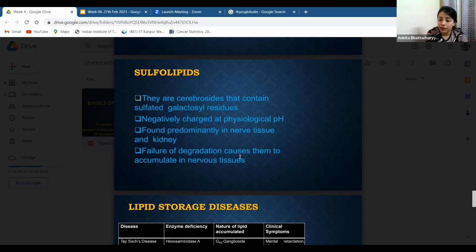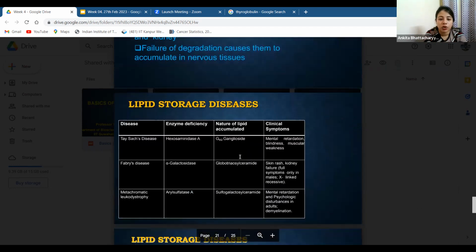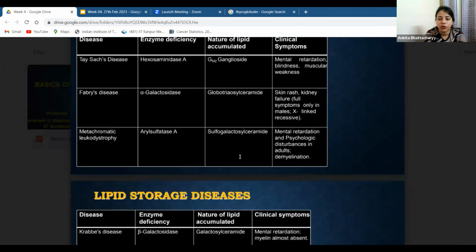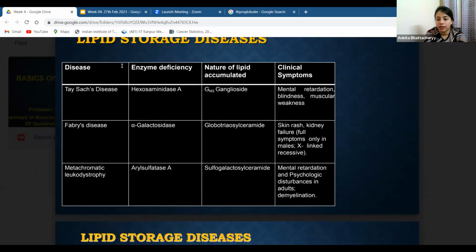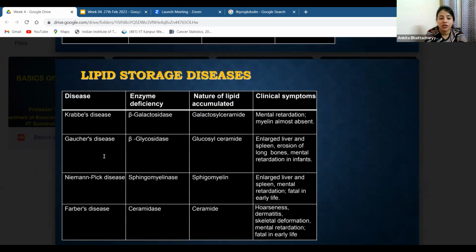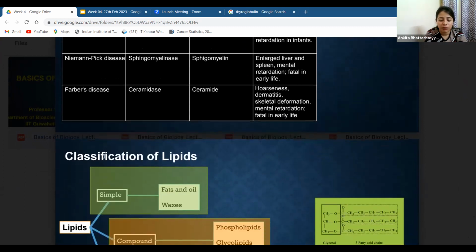And when they are not degraded, or fail to degrade, it causes accumulation in nervous tissues. So lipid storage disorders are actually quite plentiful. These are also for direct recollection or direct memorization. So we have Tay-Sachs disease, Fabry's disease, metachromatic leukodystrophy, Krabbe's disease, Gaucher's disease, and so many more.